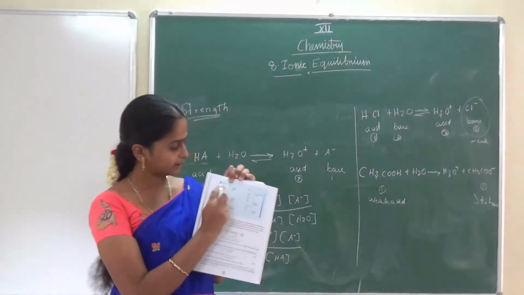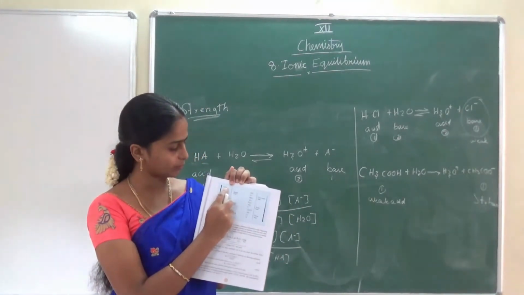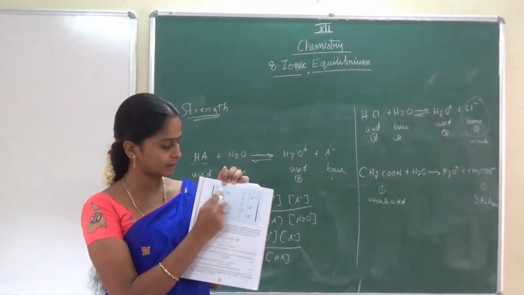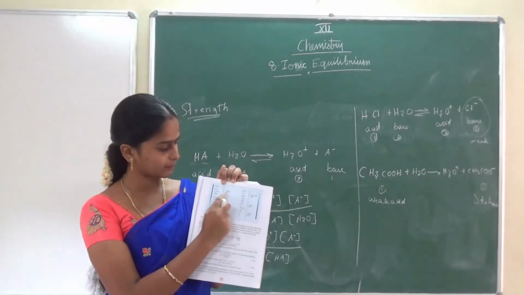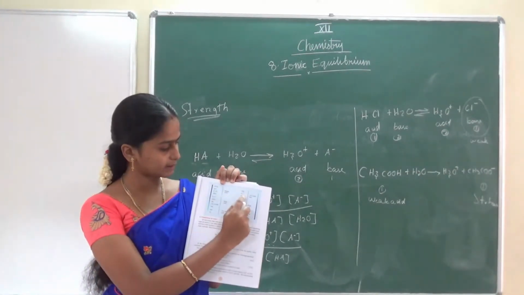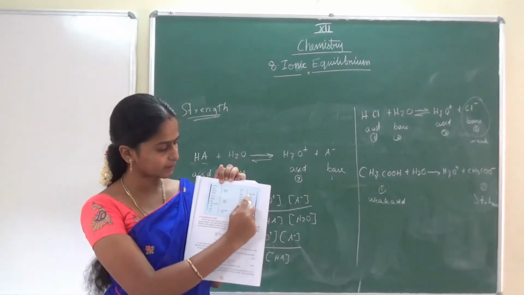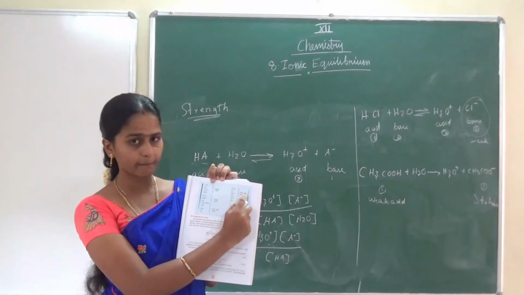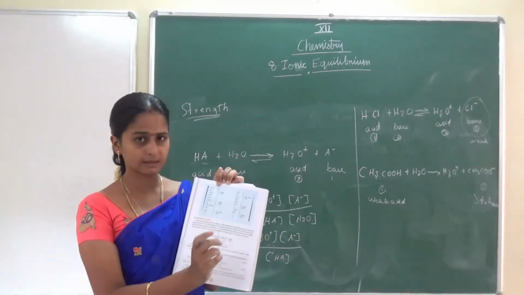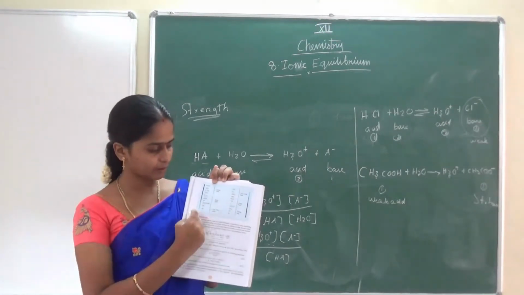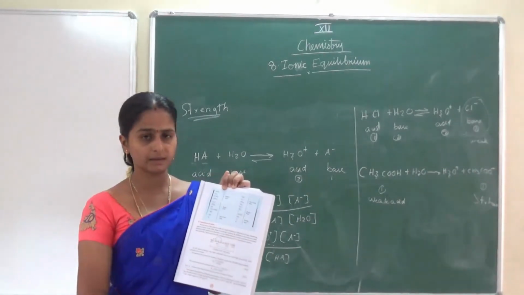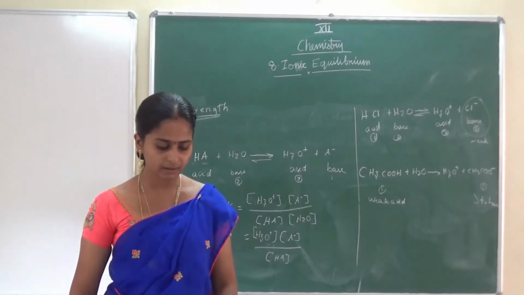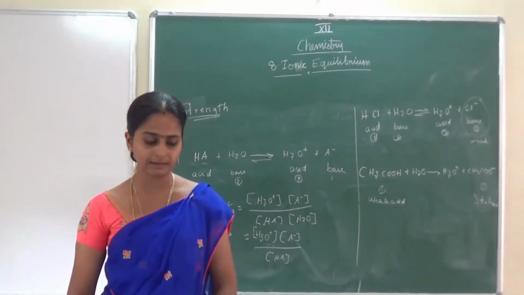See here, HClO4, where H plus is the acid and ClO4 minus the base. This is a strong acid, so the base coming from it is a very weak base. So the bases coming from strong acids are very weak. Same way for weak acids, the conjugate base will be strong. That's all, children. Just go through this very important, very simple topic.